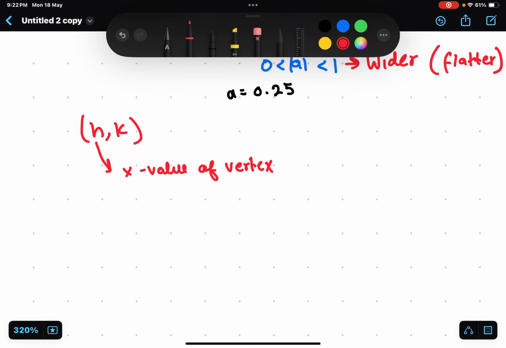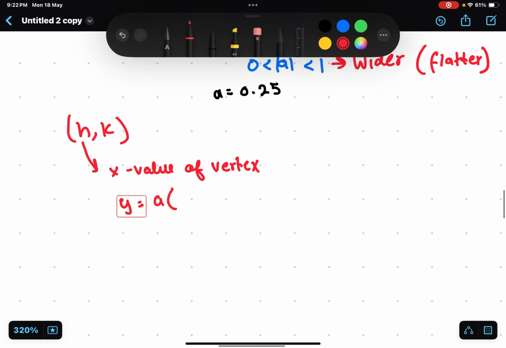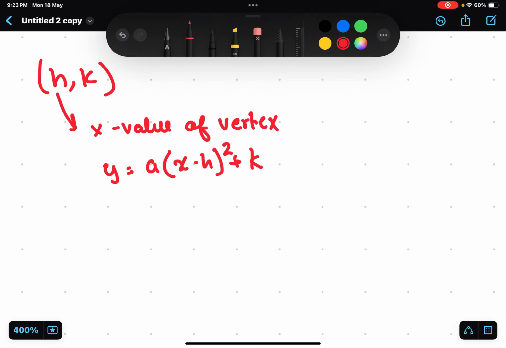Since we have y is equal to a(x minus h) squared plus k, here, since this is negative h, we only look at h. So if it was like x minus 5, the x value at the vertex would be 5, not negative 5. This is something that normally happens quite a lot.